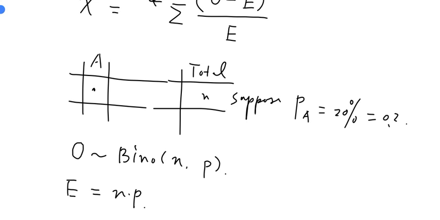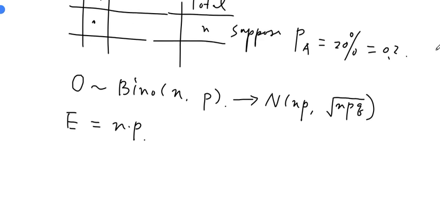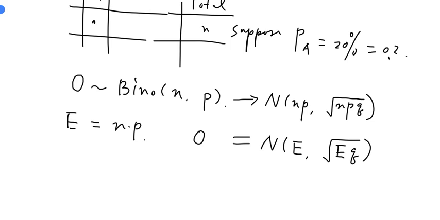So for the binomial distribution, it is close to a normal distribution, where the mean is np and the standard deviation is the square root of npq, right? This np is the expected value, and this observed value follows this normal.